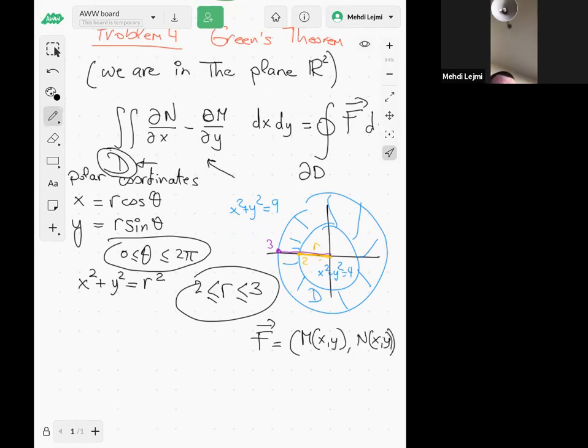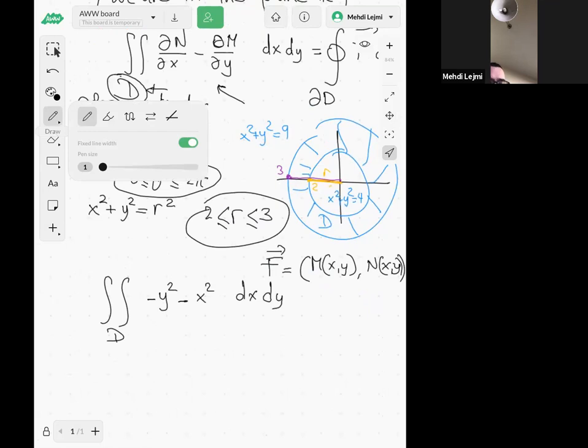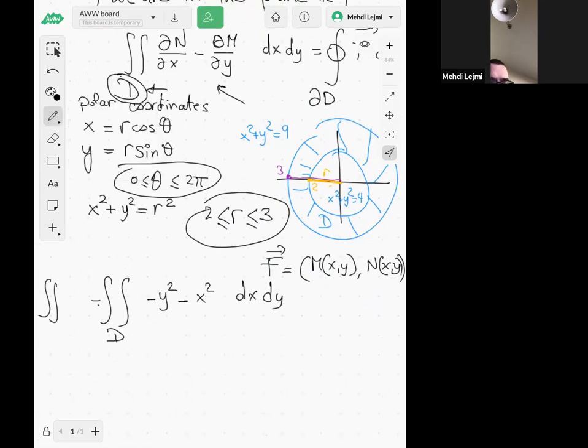So let's see, partial n, partial x, that will be minus y squared, minus partial m, partial y, that will be x squared, dx dy over D. So what I'm computing here is the partial n partial x minus partial m partial y, dx dy.